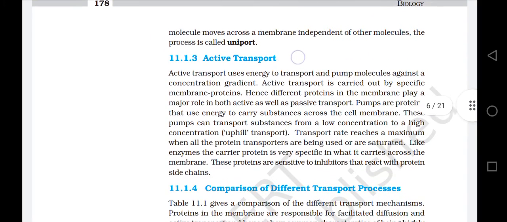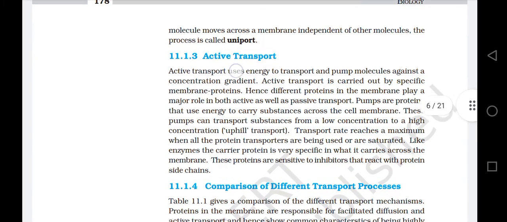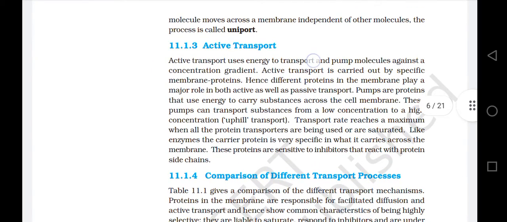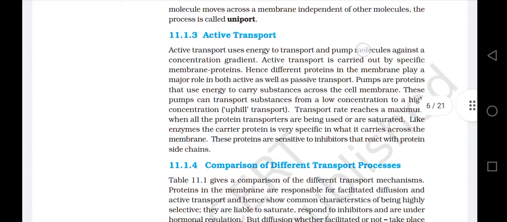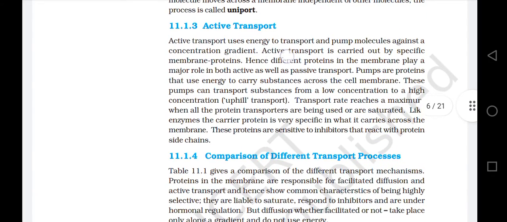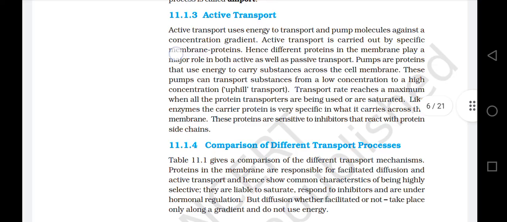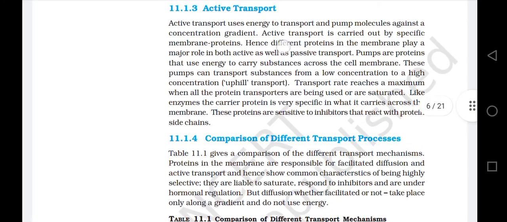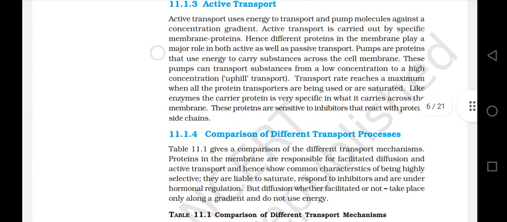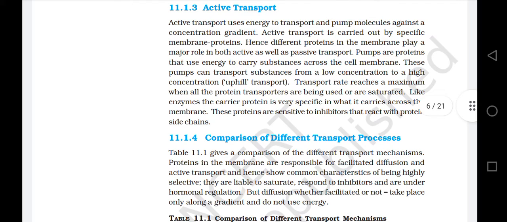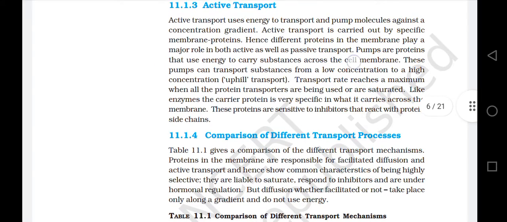11.1.3 Active transport. Active transport uses energy to pump molecules against a concentration gradient. Active transport is carried out by specific membrane proteins. Hence, different proteins in the membrane play a major role in both active as well as passive transport. Pumps are proteins that use energy to carry substances across the cell membrane.